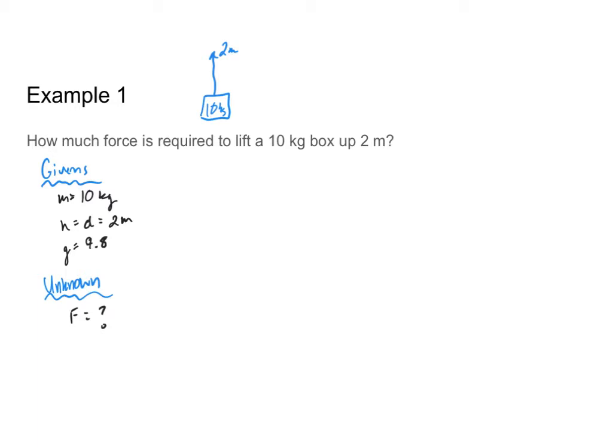For this question, we're going to use the work-energy theorem to solve our problem. So I know that work is equal to my change in energy. In this case, I can expand out my equation. Work is equal to force times distance, and my change in energy is my final energy minus my initial energy. Initially, I have no energy.